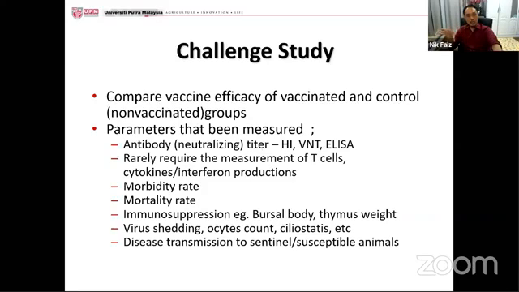Virus shedding, the oocyst counts for coccidiosis, because if possible, you want a vaccine that also prevents the shedding of the viruses. And also disease transmission to sentinel and susceptible birds. This is also related with virus shedding. If you put naive birds in the farm, with those infected birds, does it transmit to the naive birds?